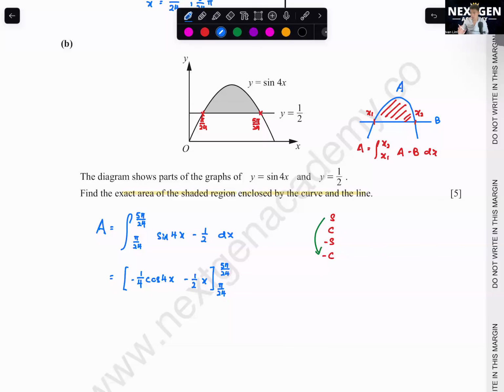Just in case this question comes out in your Paper 1, I want you all to get ready, because what I observed from both your Maths and your E-Math is the special angles of trigo. Please write it all down.